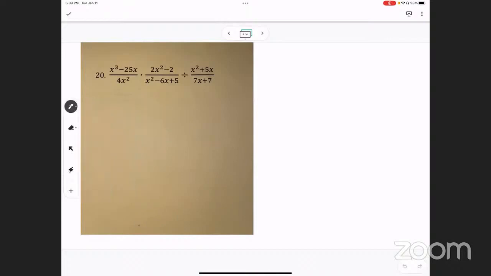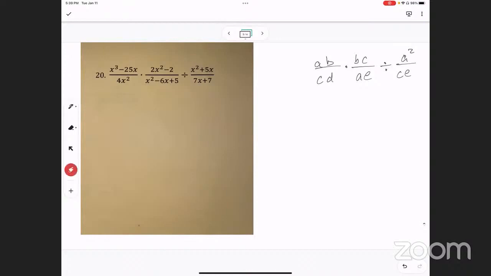Like if I had A times B over C times D times A, I'm sorry, B times C over A times E, and then this was divided by, maybe, a C and an E here and an A squared up there. Do you know how to do that problem?